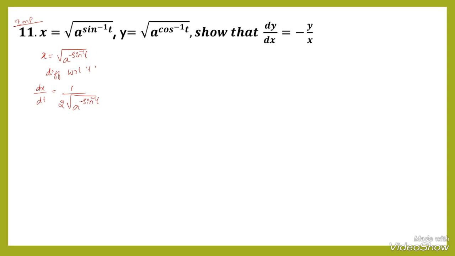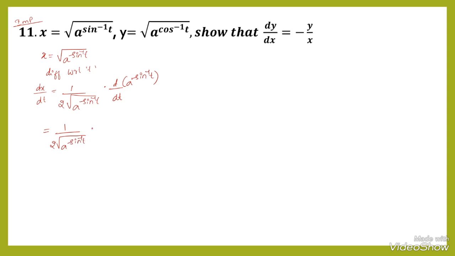That's why I'm taking again differentiation with respect to a to the power sine inverse of t. Here in place of x, we have a. Now, 1 divided by 2 into root of a to the power sine inverse of t.